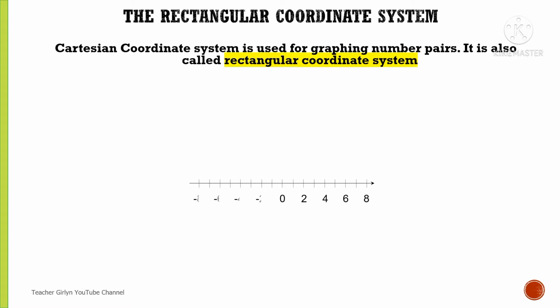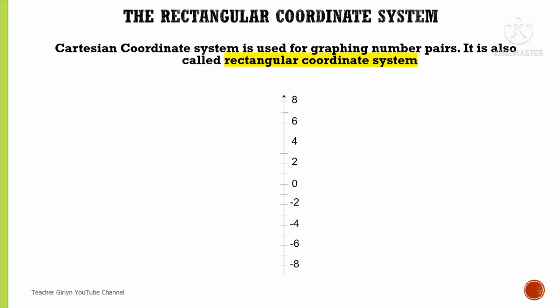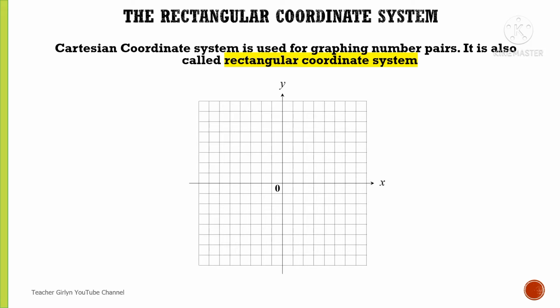Now let us define the Cartesian coordinate system. The Cartesian coordinate system is used for graphing number pairs. It is also called a rectangular coordinate system. The horizontal line is called the x-axis, and the other term for it is abscissa.